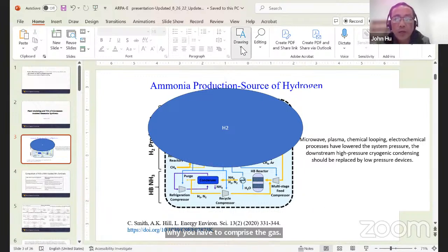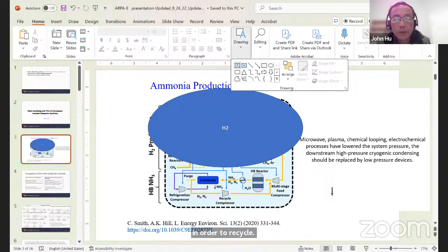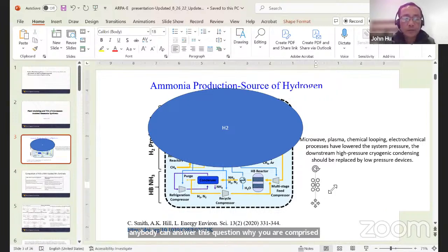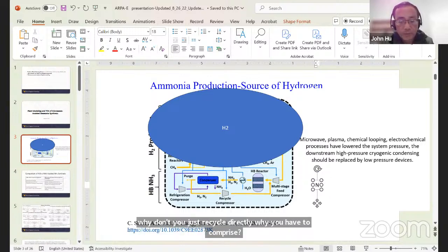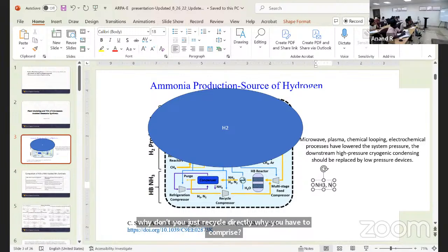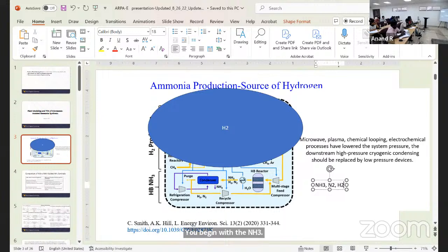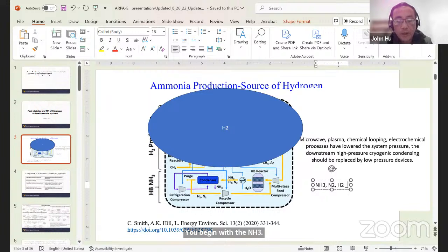Can anybody answer this question? Why do you have to compress? Why don't you just recycle directly? You begin with NH3, maybe some reactive hydrogen, and you end up with N2, H2 recycled, right?